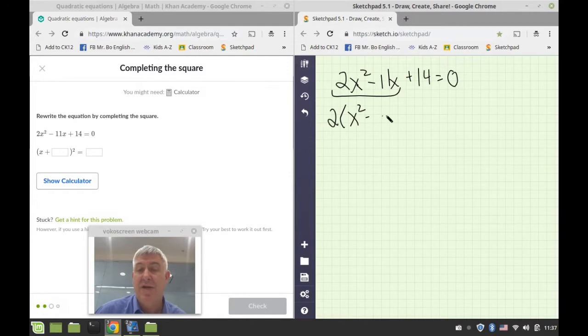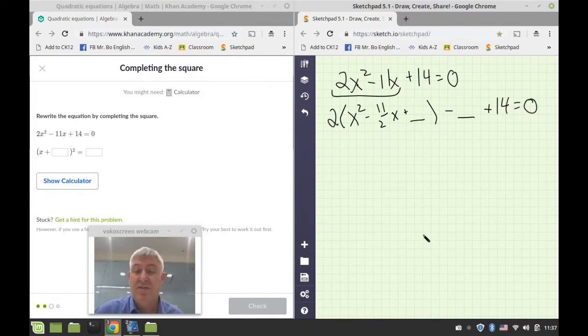So x squared minus 11 divided by 2 is 11/2 x, and we're going to need plus something, and then outside here I'm going to need minus something, plus 14 equals 0. Like before, these are not going to be the same number, but they need to be the same value if we include multiplying by 2.